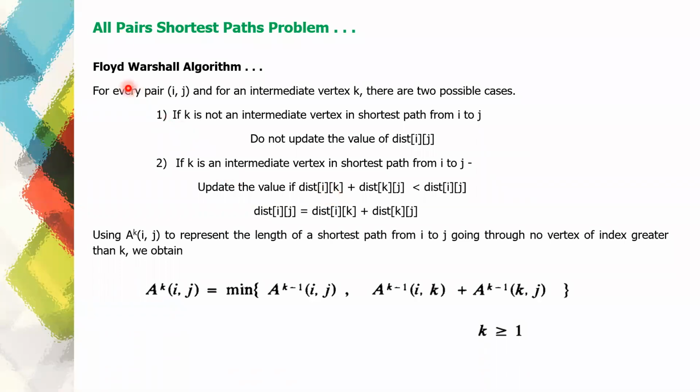This is one of the steps in the Floyd-Warshall algorithm, which says that in case 1, you will not update the distance matrix value between i and j. Otherwise, in case 2, you are going to update the value of the distance between i and j. For that, I'll give you a simple example so that you will understand this formula.